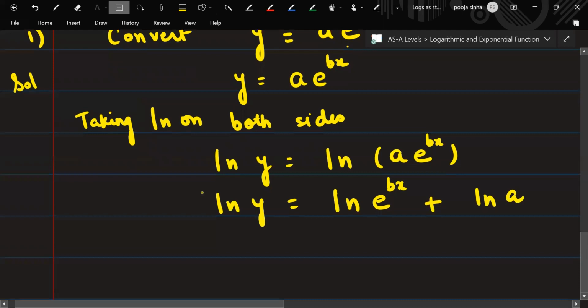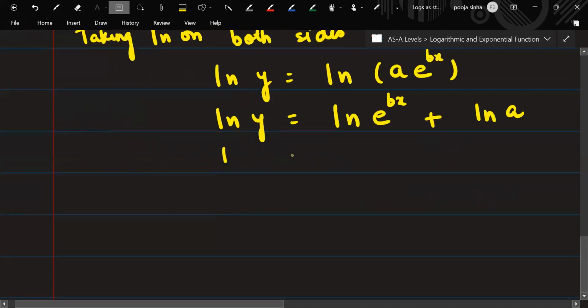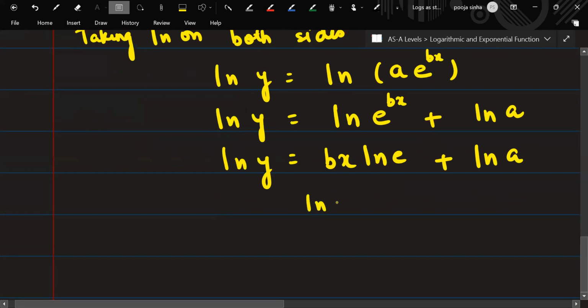Right. Now this ln y is equal to bx ln e plus ln a, right? Now, can I say ln e is equal to 1? So yeah, ln y is equal to bx plus ln a.